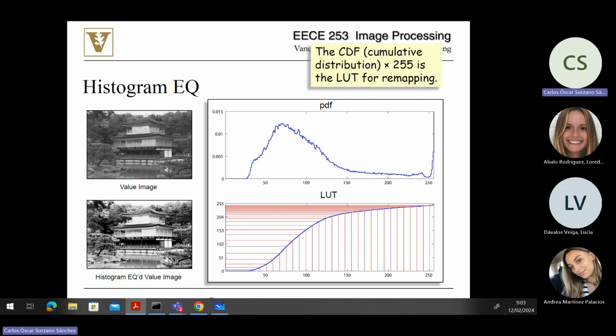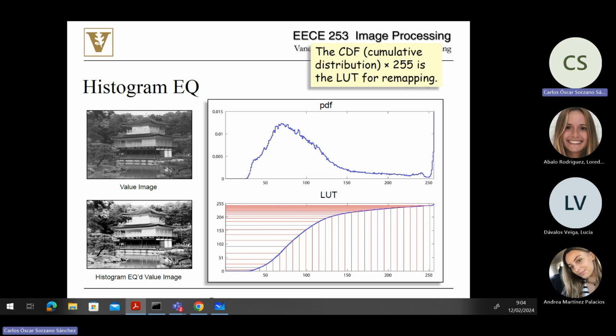And then we see something: some of the values are compressed here, while some others are rather expanded. So why is that? Let's look at the original histogram. Most of the values of this image are between 0, 50 and 100, and in the region of the 200s, there are very few values.